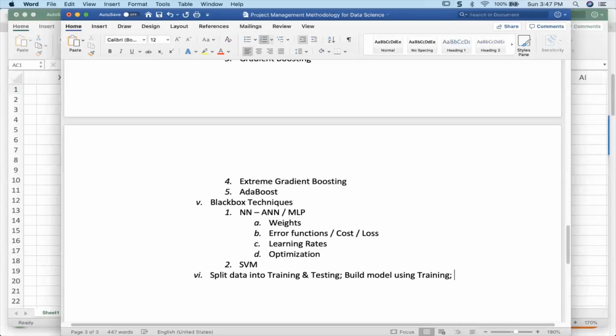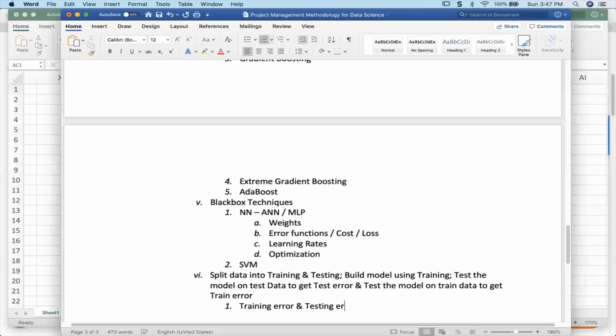Build the model using training. Test the model on test data to get testing error, and test the model on train data to get training error. Then, if training error and testing error are small and close to each other, it is right.